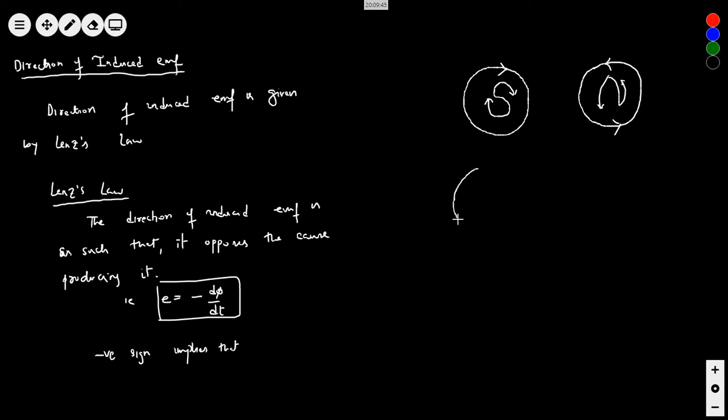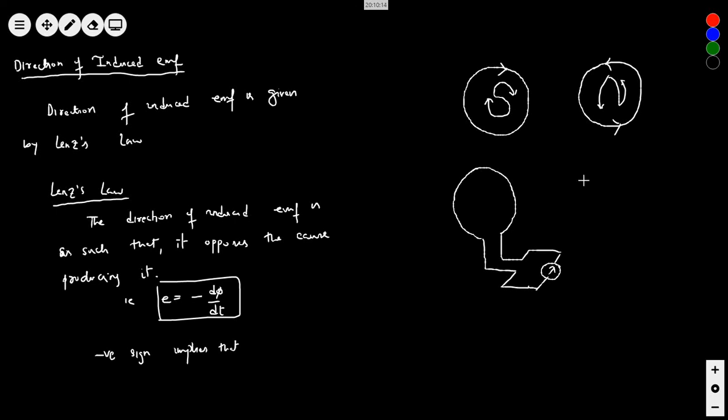I give you a coil. This coil is connected to a galvanometer.